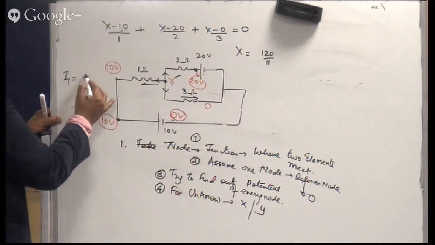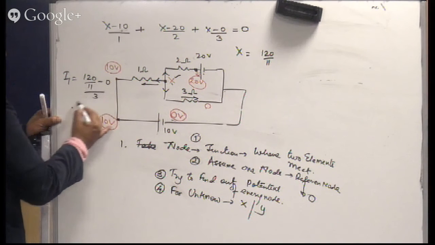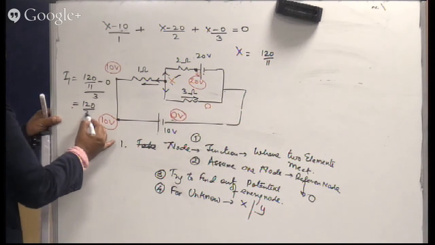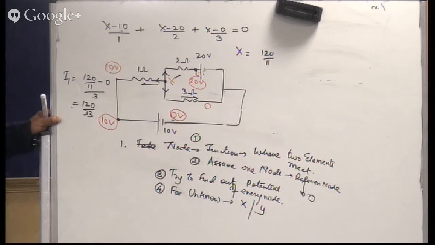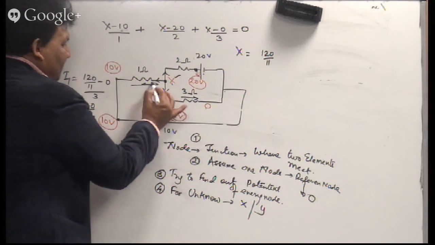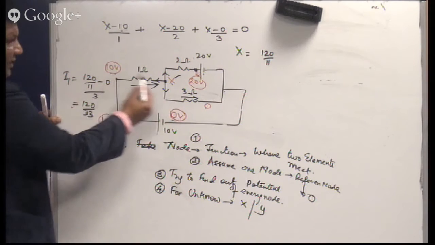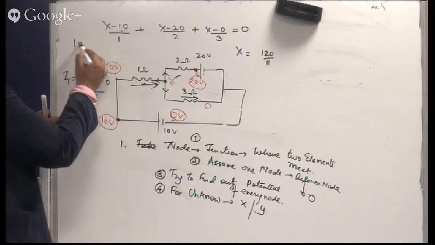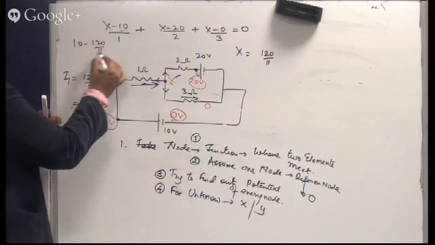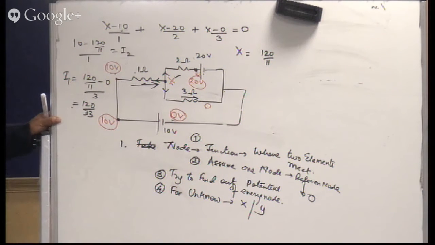What x did you get? Are you listening to me? If he says find the current in this resistance, how much is this? So can I say 10 minus 120 by 11? Is that right?